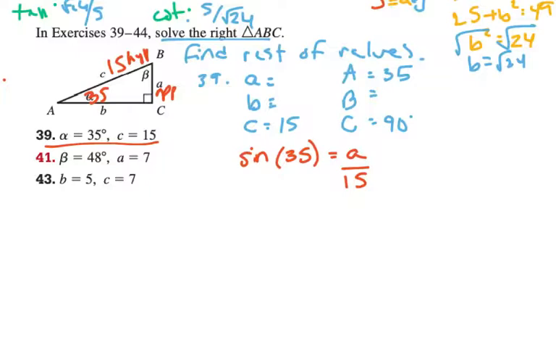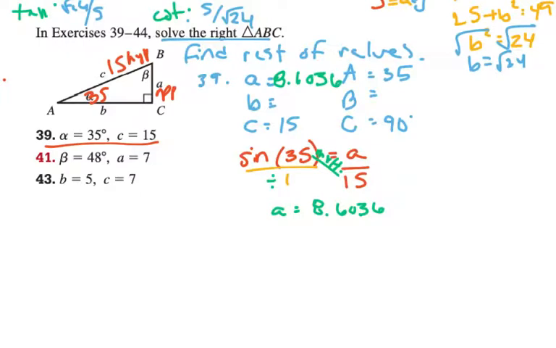And so to solve, I'm going to pretend it's over 1, multiply sine of 35 times 15, divide by 1, which isn't going to change much, and get an A of, make sure you're in degree mode, because I put in 35 degrees, not 35 radians, and so we get 8.6036, and so A is 8.6036.